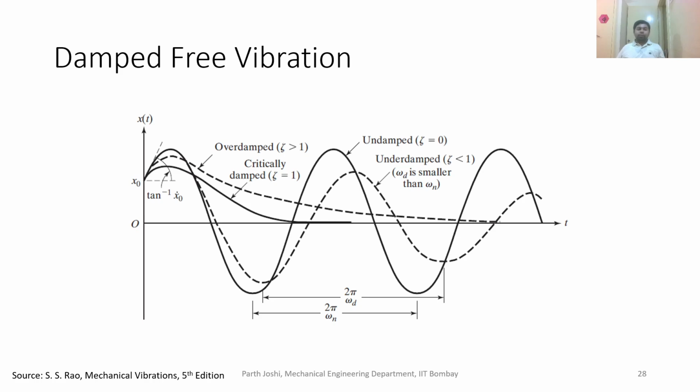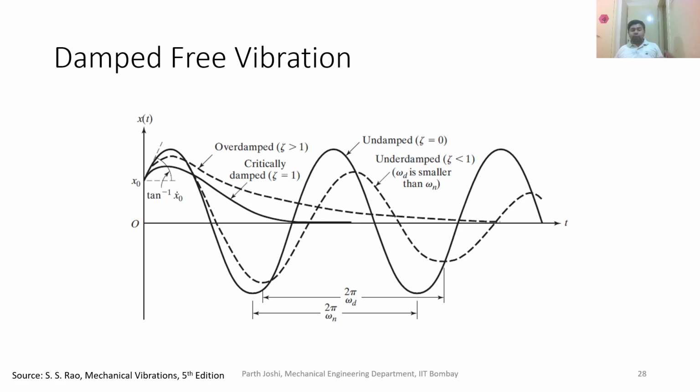The sine wave starts at some non-zero value x naught and with some non-zero slope. So it is basically some sine omega t plus phi kind of function, where phi is the phase difference, so it's a sine wave shifted in time.